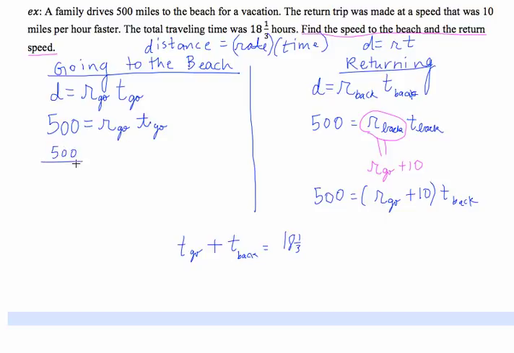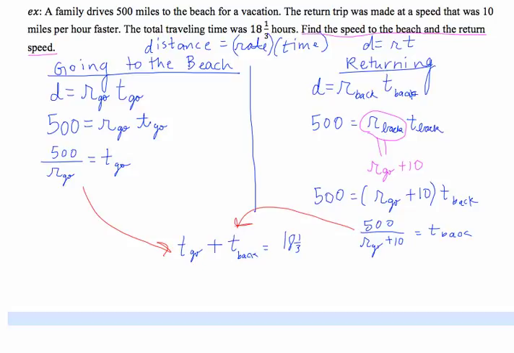So to solve this equation for time, we would need to divide by the rate. So we'd have 500 over the rate at which they go to the beach equals the time at which they go to the beach. And over here to solve for t, we divide both sides by r go plus 10. So we'd have 500 over r go plus 10 is equal to the time it takes them to come back. So the time it takes them to go is that, and this is the time it takes them to come back.